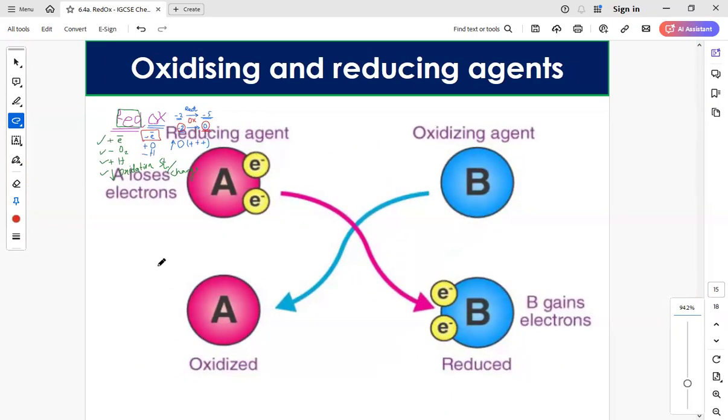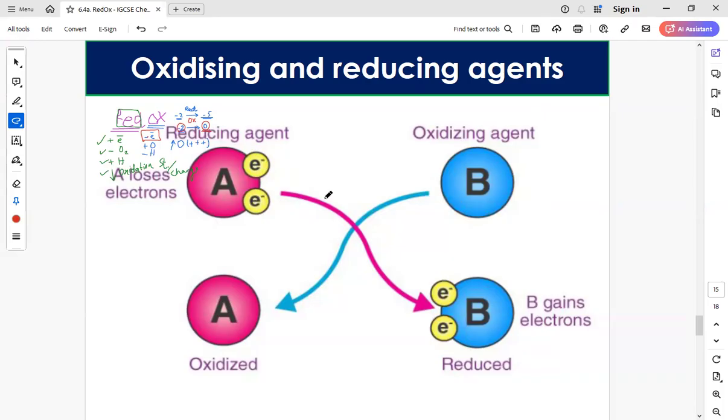In any redox reaction, there is a reducing agent and then there is an oxidizing agent. Now a reducing agent means that agent will reduce the other element. So what should it do to reduce the other element?